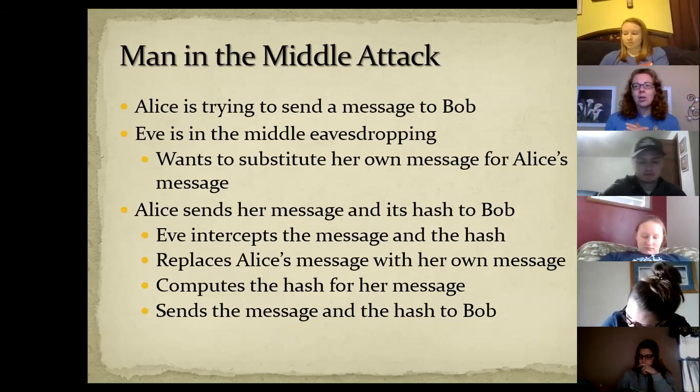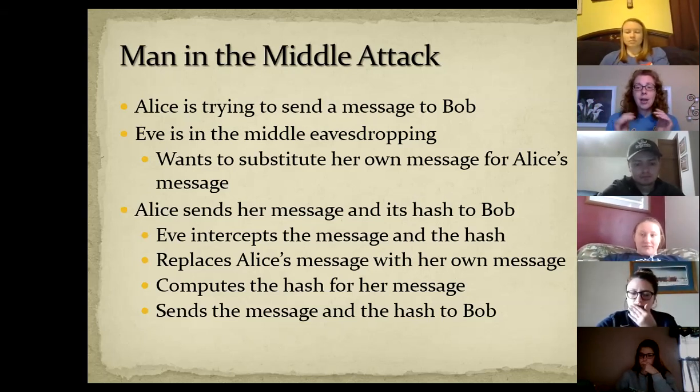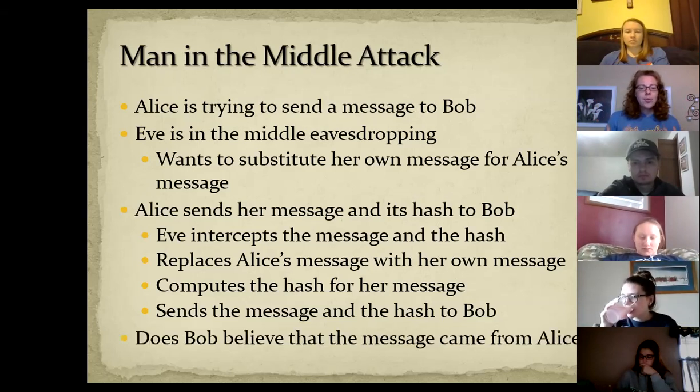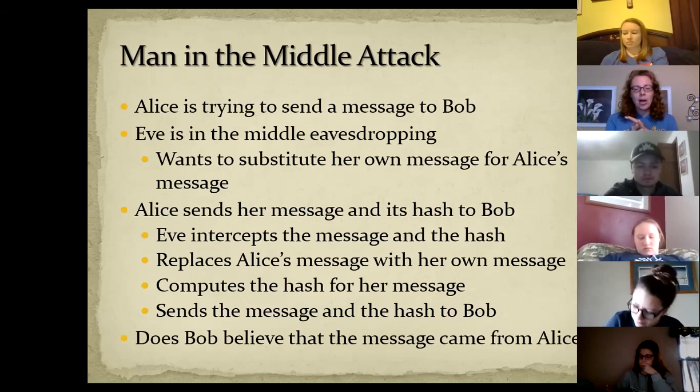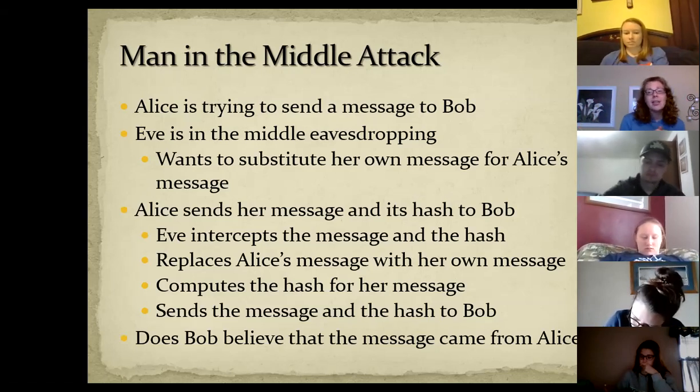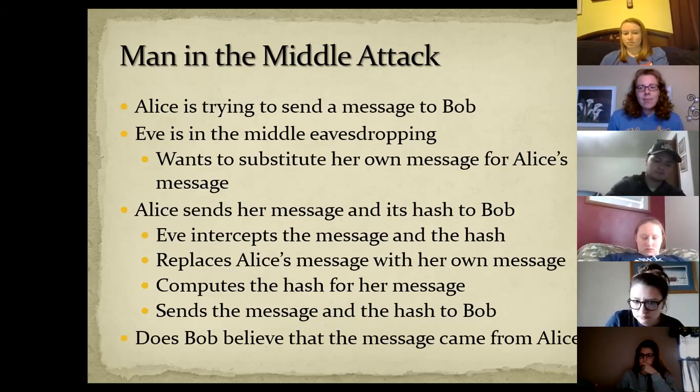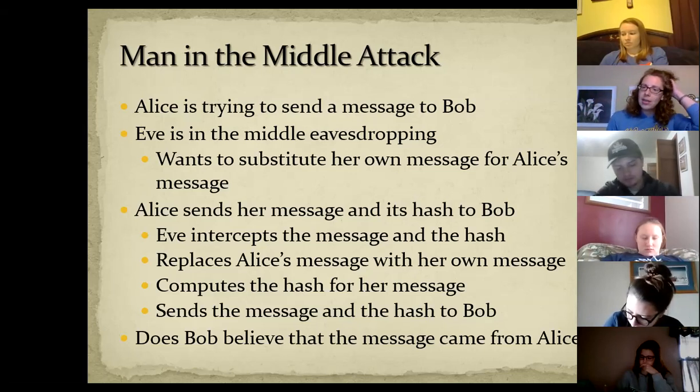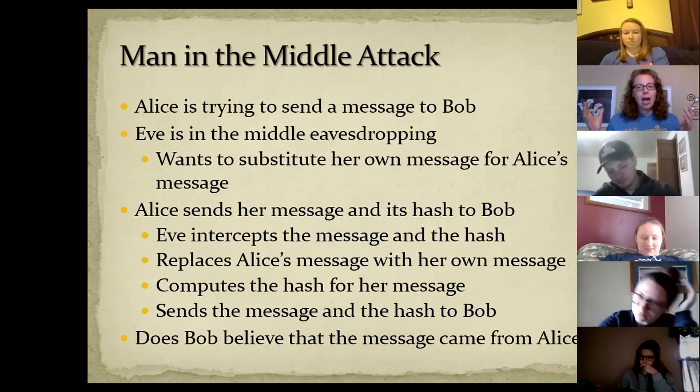There's no secret information that goes into a hash function. None whatsoever. So unless Eve tips her hand somehow or other, there is no reason that Bob would be able to tell that the message came from Alice or Eve. He's not going to be able to tell who it came from, because everything in a hash function is totally and completely public. This is a problem with hash functions.